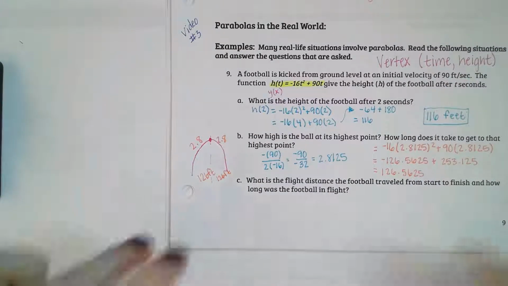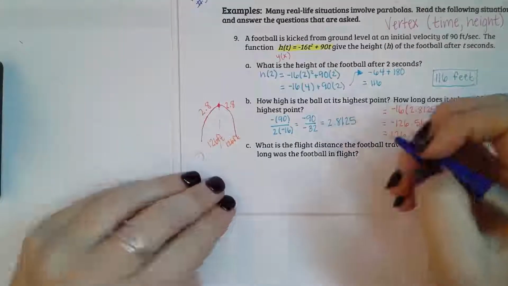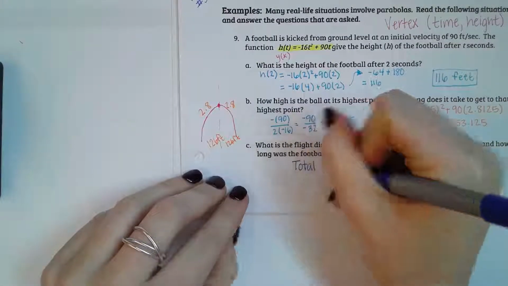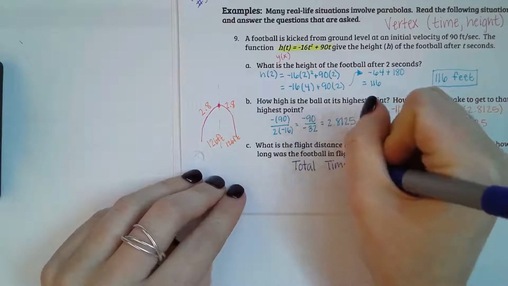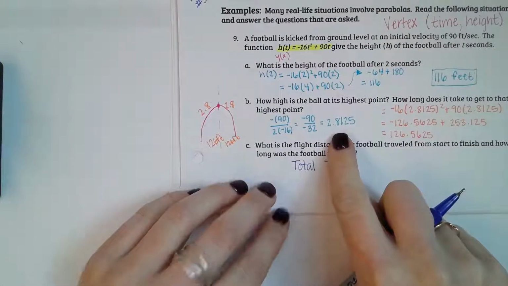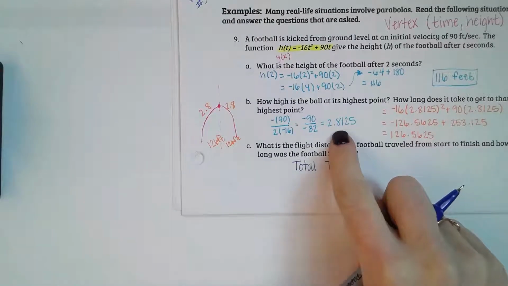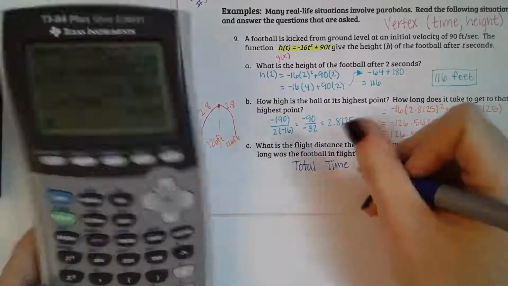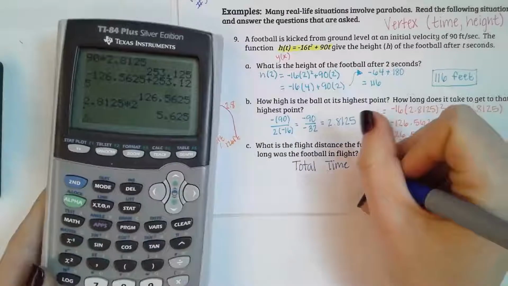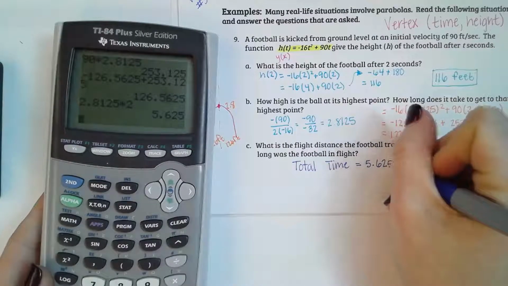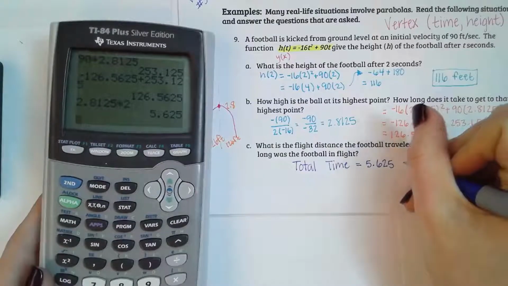Our total time would be everything doubled. 2.8125 seconds doubled is 5.625 seconds.